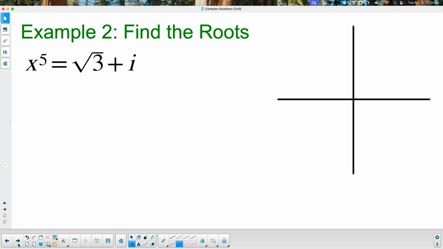Let's get cray-cray, because it's literally 3 steps. What was the first step that we got to do? We got to trig it, right? Okay? So what is square root of 3 plus I in trig form? It's got a square root of 3 in it, right?